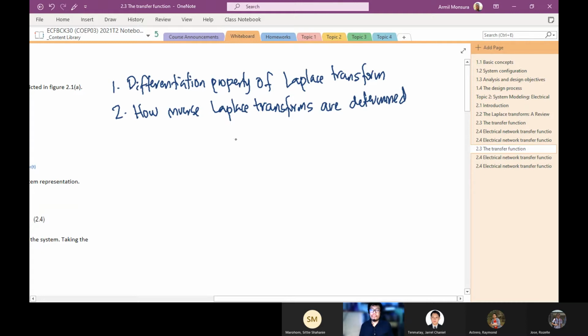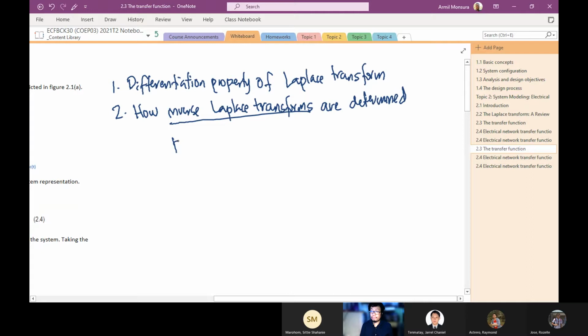Pero what I have referred you to learn is that kailangan alam natin kung paano i-carry out itong operation ito for a given Laplace transform. Kung given kayo ng Laplace transform at gusto niyo hanapin yung function niya in the t domain, then you carry out inverse Laplace transform.